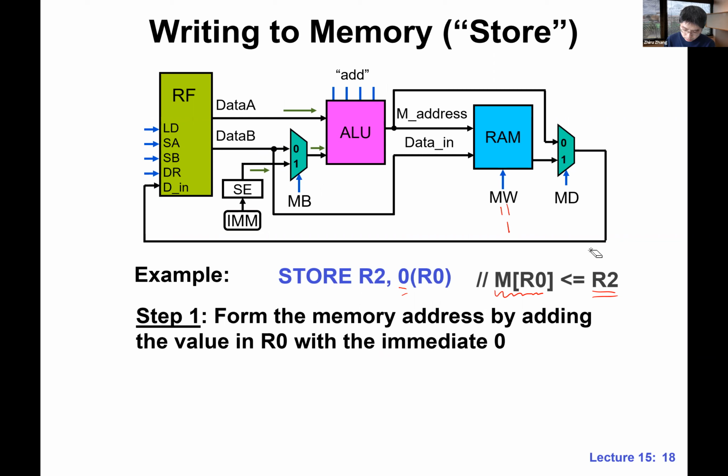Since we are writing to memory, we are not really writing to the RF anymore. So what should LD be? LD should be 0. So this is not a load. This is where we write a register value to a specific address in the main memory. Very good. How about SA?